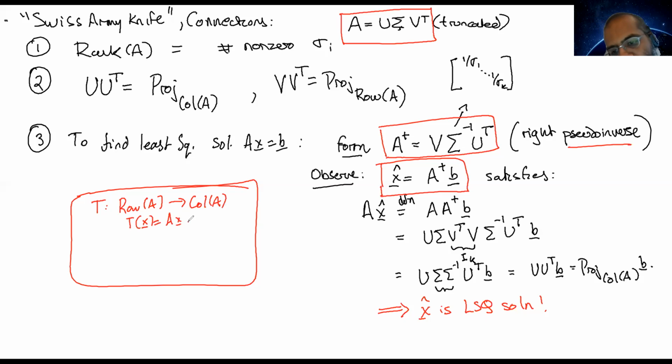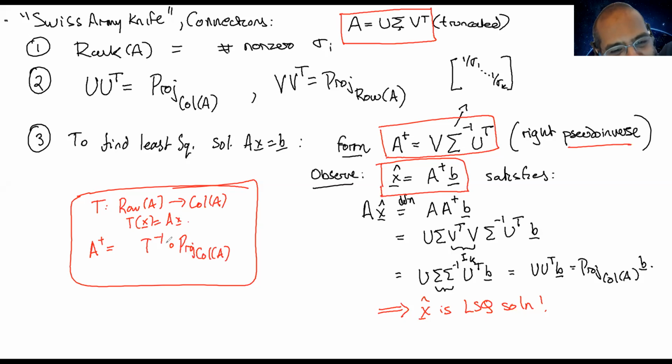Remember this from two lectures ago? So then the pseudo inverse is actually the following: the projection onto the column space of A, followed by T inverse.